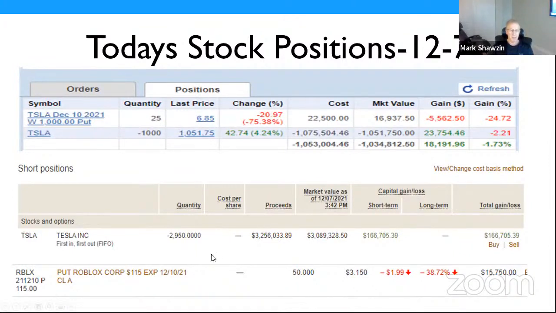Then pretty close to the close, I bought some puts on Roblox, ticker symbol RBLX. I'll look at that in a moment. I think I detected a turn, so I bought the puts around 260, and they're around $3.15. I've already got a good profit in there, but we'll see how it goes tomorrow. I'll discuss all of this in a moment.